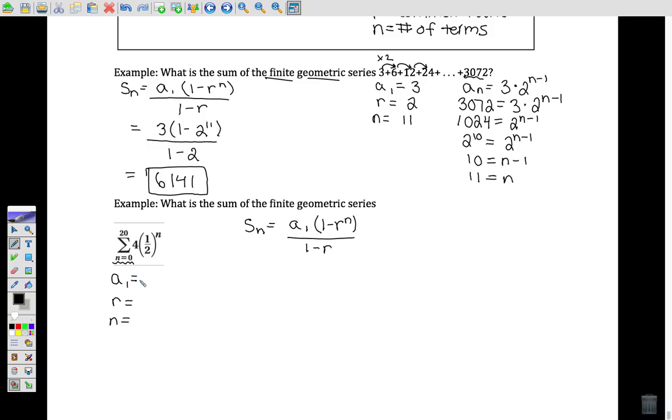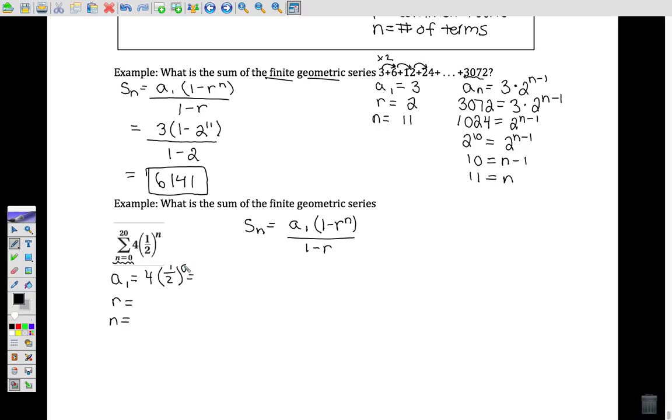So our first term is really when we plug in 0, not 1. Because remember, this lower limit tells us our starting point. So to figure out what the first term is, meaning plug in the lower limit, we would plug in 0 for n.